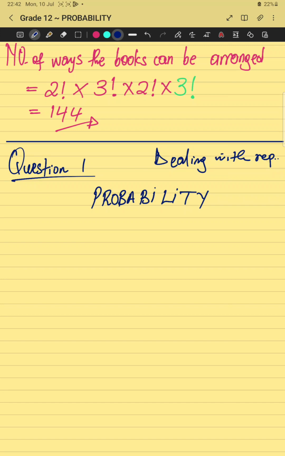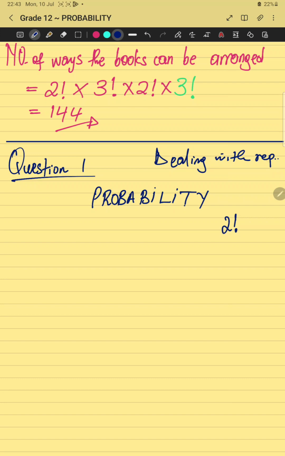word probability contains. So it's going to be 1, 2, 3, 4, 5, 6, 7, 8, 9, 10, 11. So that means this word contains 11 letters. Then if there is one letter that is repeated twice, we're going to put 2 factorial for that letter.